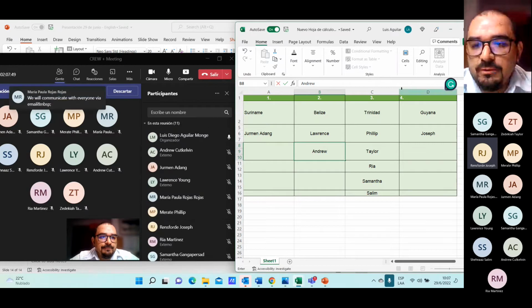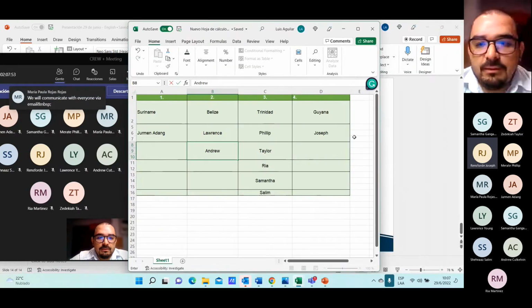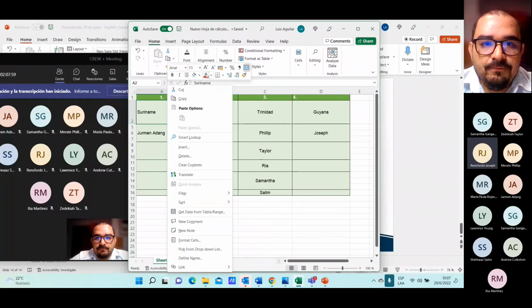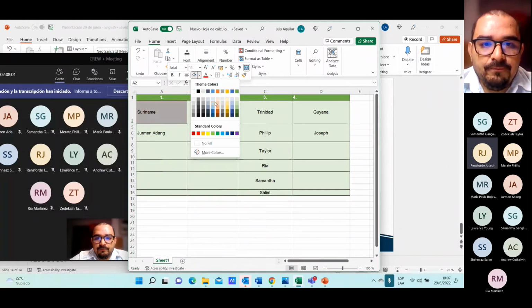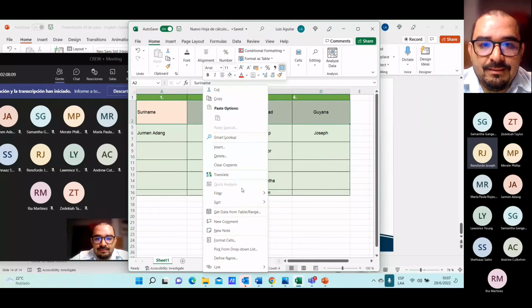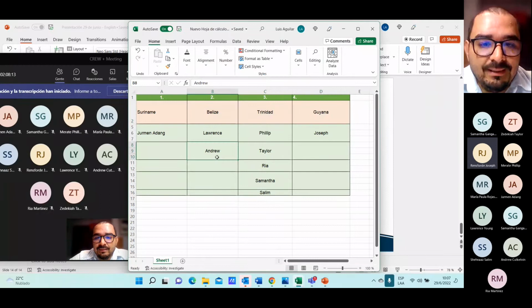Yeah. So these are the groups. In the case of Suriname, which has only German. In the case of Belize, Trinidad, and Guyana: in Belize, we have Lawrence and Andrew.